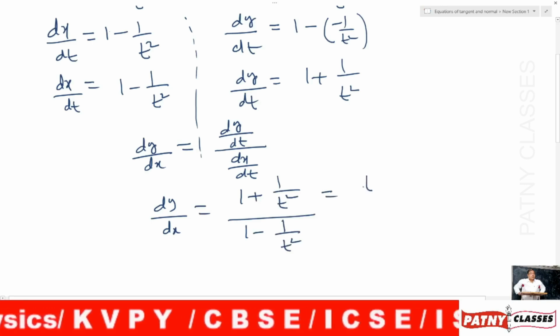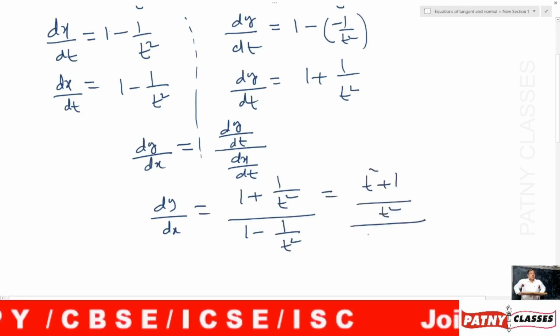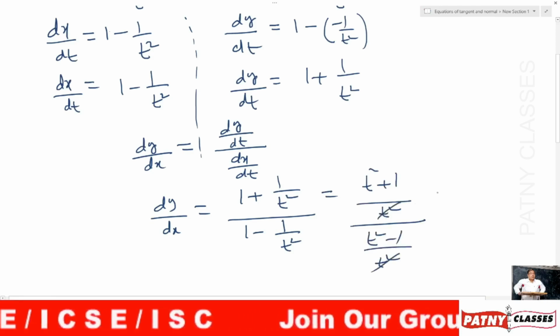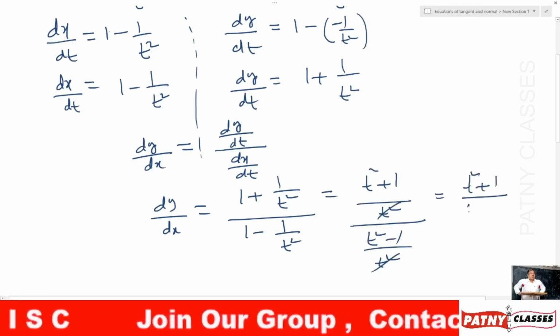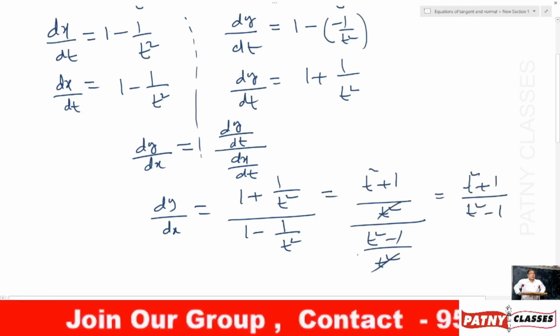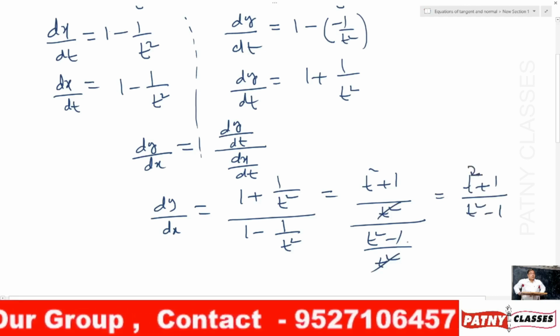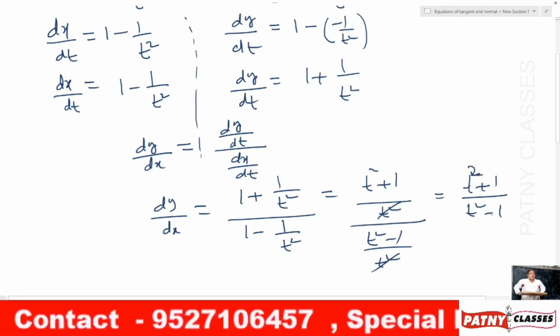So that equals t square plus 1 upon t square, over t square minus 1 upon t square. The t square goes out, and we get t square plus 1 upon t square minus 1, that is dy by dx.